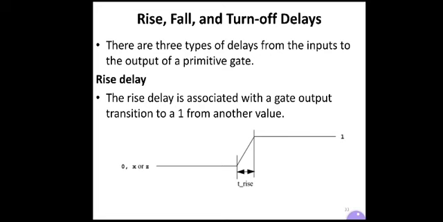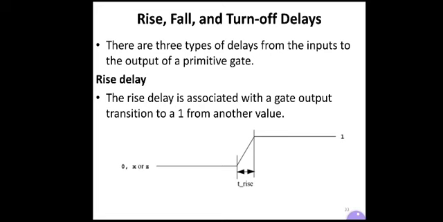So there are three types of delays from the inputs to the outputs of primitive gates. As we know, there are a total of 6 primitive gates, plus the buff gate and NOT gate. All these are primitive gates. Whenever the input changes, the change in the output is called a transition.